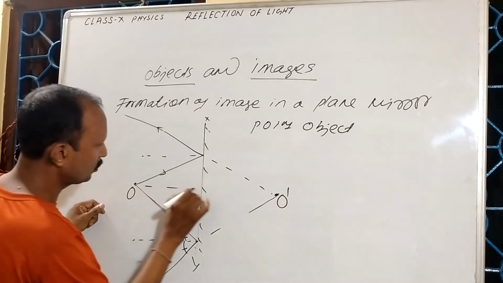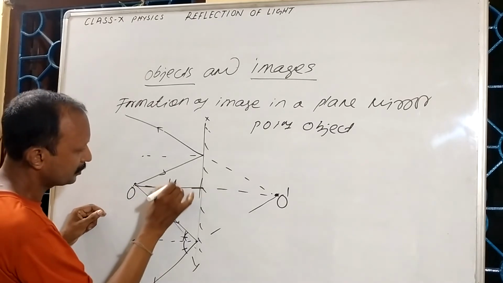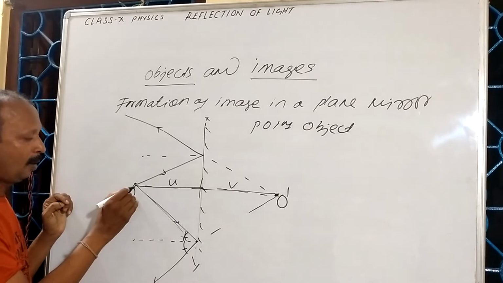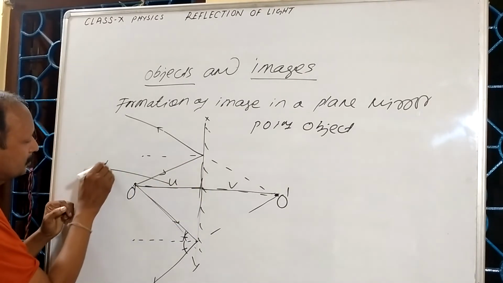If I join this, you will find that from here to here is how much distance, from here to here is also that much distance. So object to mirror is called object distance.